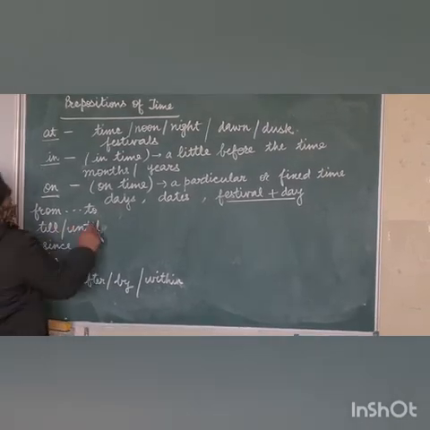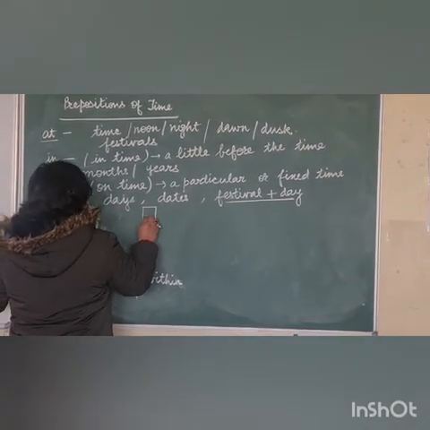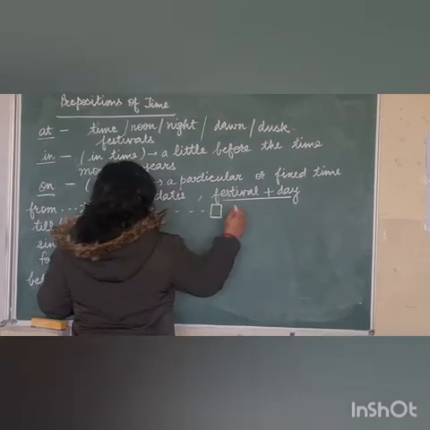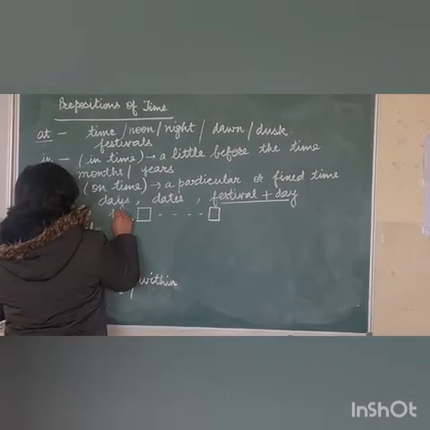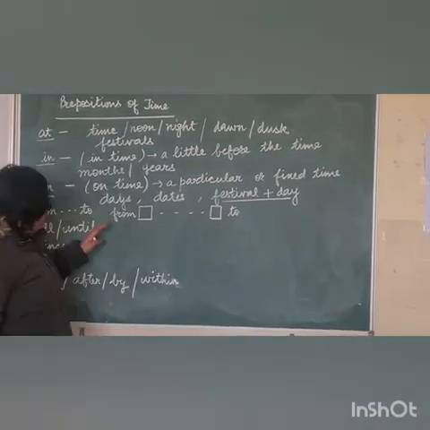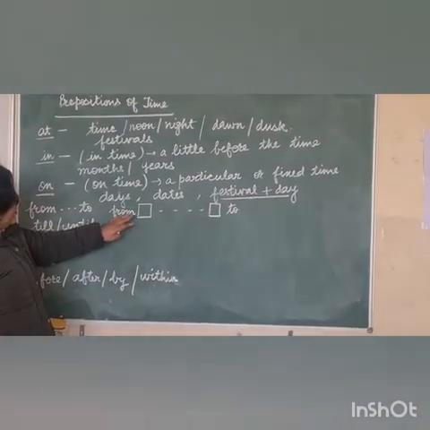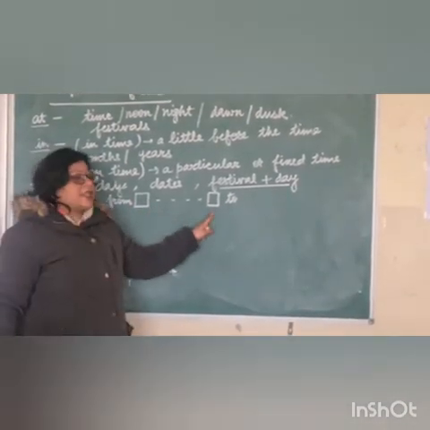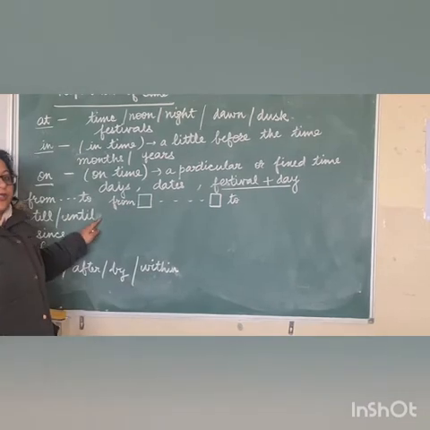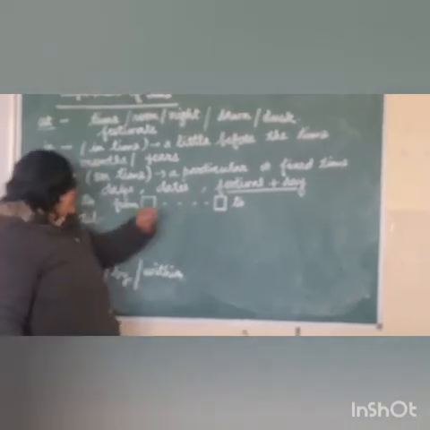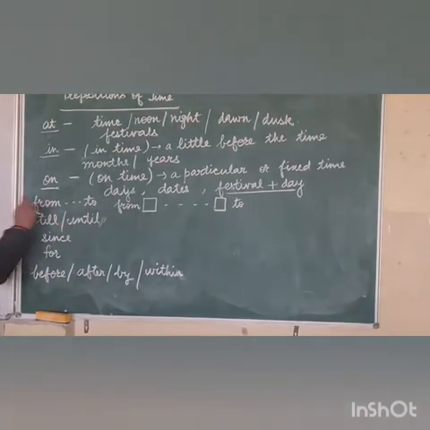Now from and to, like the preposition of place, from one time to another time. This is from and this is to. We saw the movie from 3 p.m. to 6 p.m. Till and until.